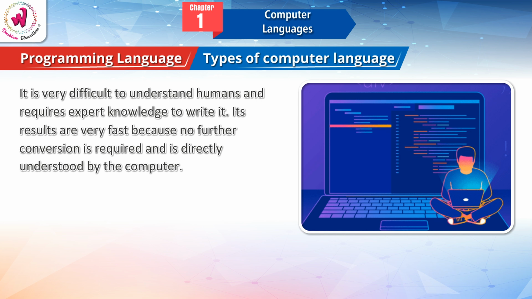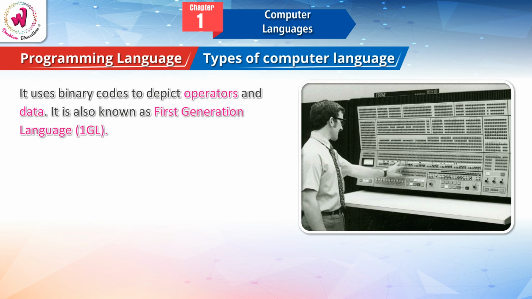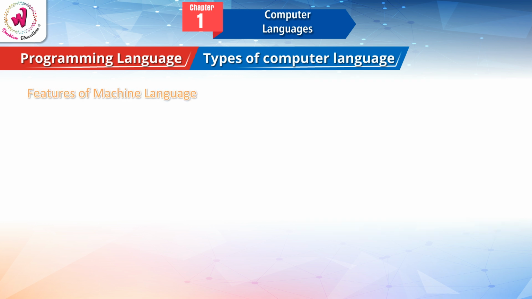It is very difficult for humans to understand and requires expert knowledge to write. Its results are very fast because no further conversion is required and it is directly understood by the computer. It uses binary codes to depict operators and data. It is also known as first generation language, 1GL.